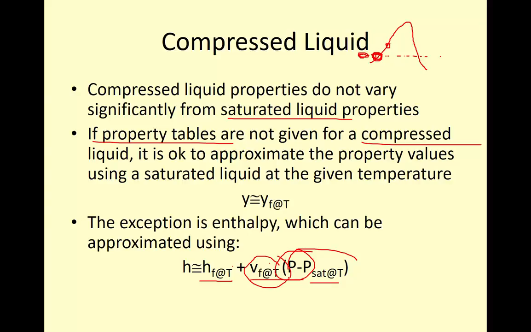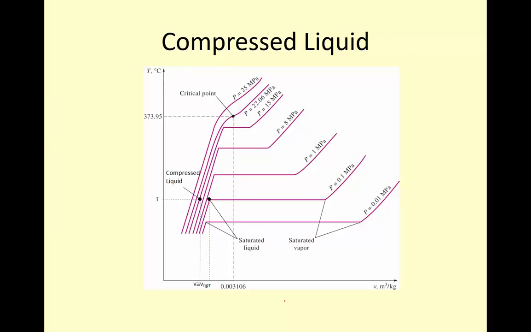Then we use the pressure that we're currently at, minus the saturation pressure at whatever temperature we're at, and multiply it by the specific volume to give us a correction factor for this enthalpy. We'll do an example of that in a minute that shows how far off it is.